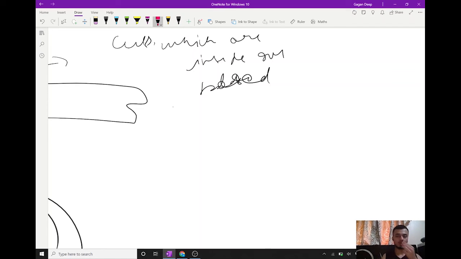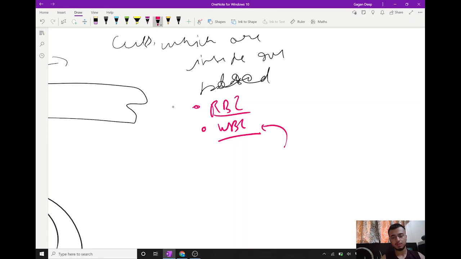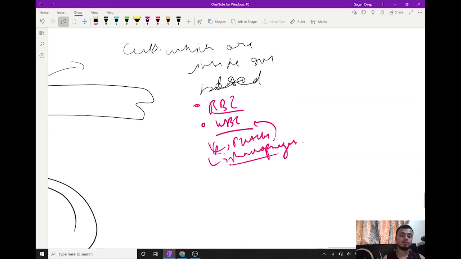You may have named quite a few by now, but let's talk about RBC, WBC mainly, and then the lymphocytes which are part of the WBC. RBC, WBC, platelets, the macrophages. So these are quite a few cells which are present inside our blood.